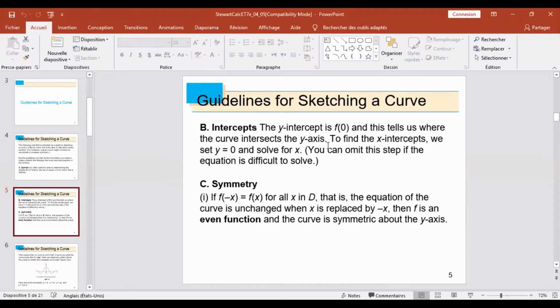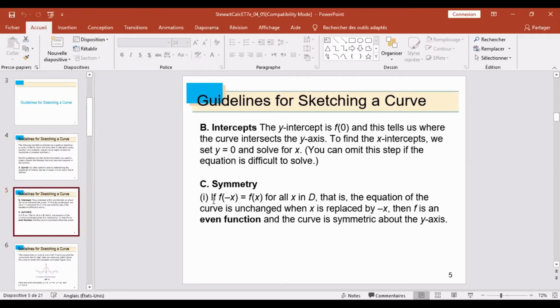After that we have to solve f of x equals 0, that means y equals 0. This is the x-intercept. So the second step, after the domain, is the y-intercept and the x-intercept: evaluate f of 0 and solve for x such that f of x equals 0.